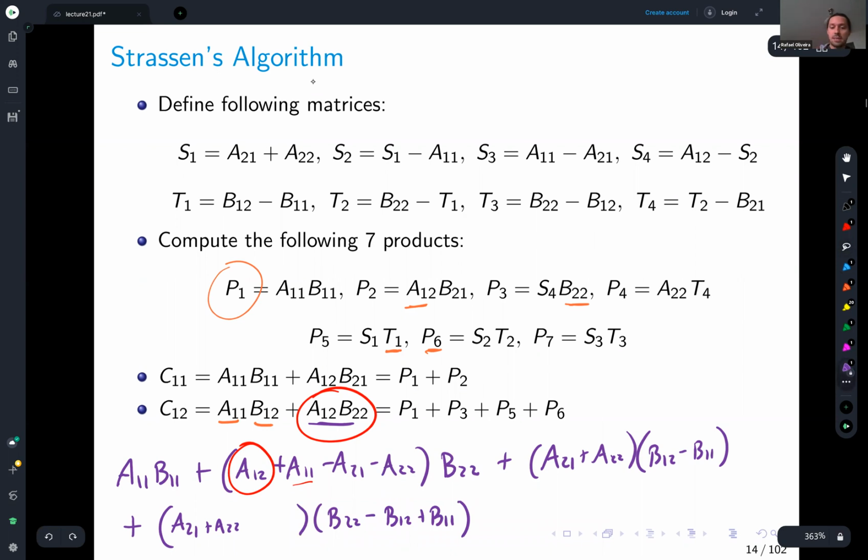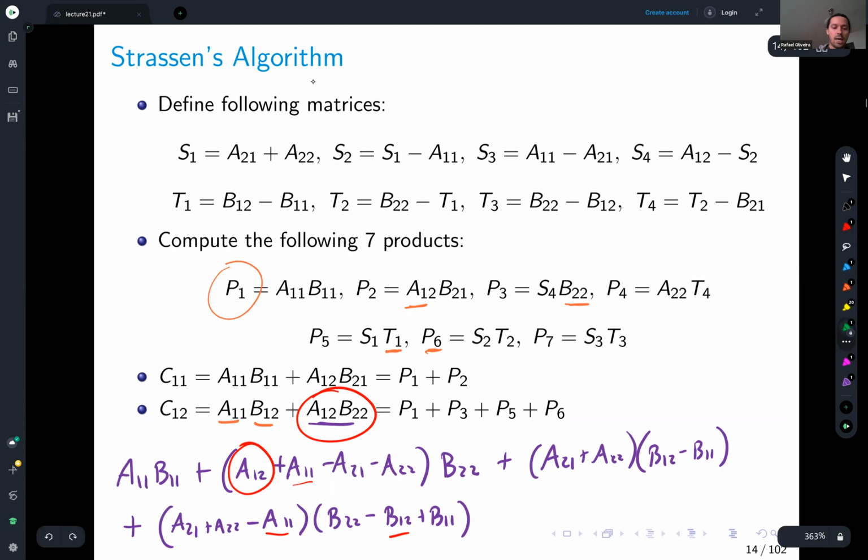Yeah, so P6 is S2, T2, and S2 is S1 minus A11, right? And then I also have here that A11 times B12 is showing up, right? So all we need to show is that all the other terms cancel, and that it's appearing with the proper sign. Okay, so now let's do the cancellations in green here.